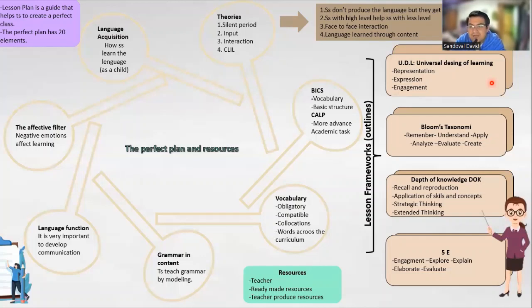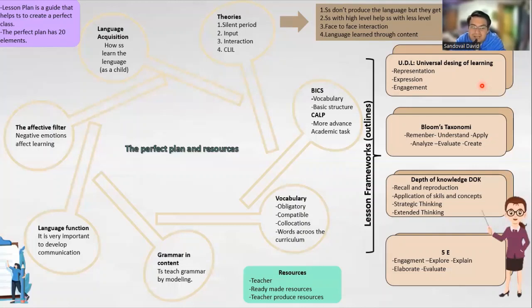The UDL, Universal Design for Learning. We need to understand about this framework that we have the same opportunities for the students. We have equal opportunities for each student. And this framework serves the needs of all learners. We have some benefits about this framework.